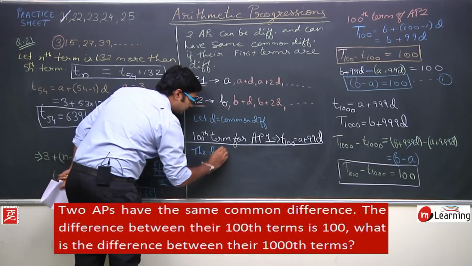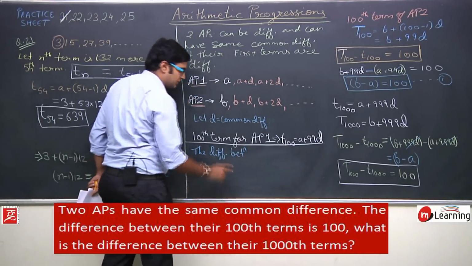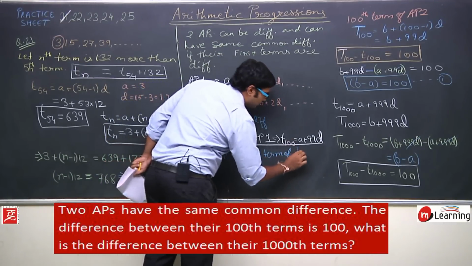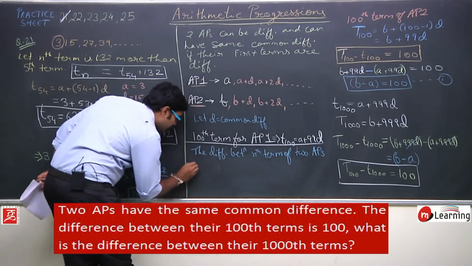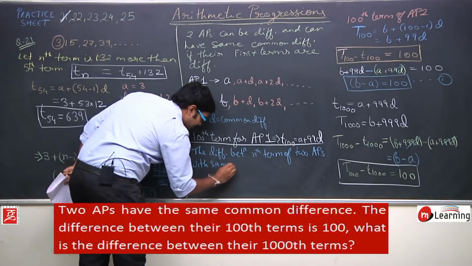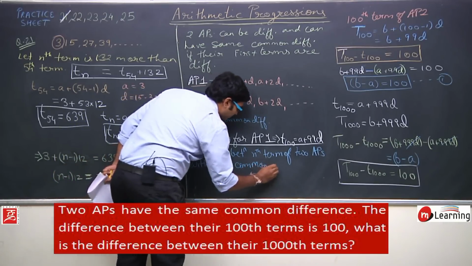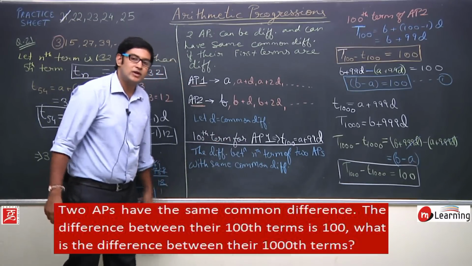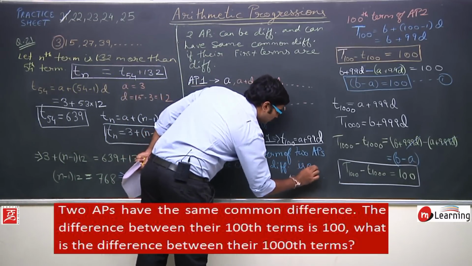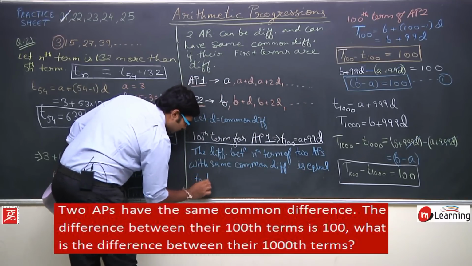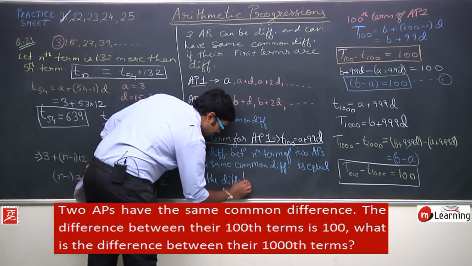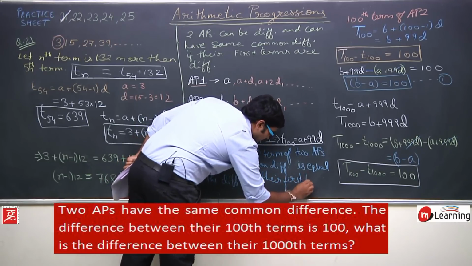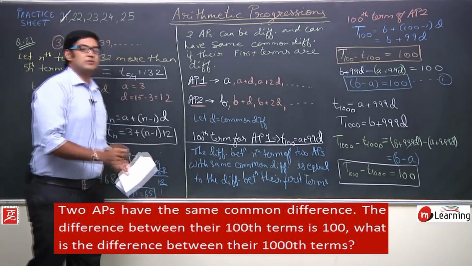The difference between the nth terms of two APs with the same common difference is equal to the difference between their first terms.